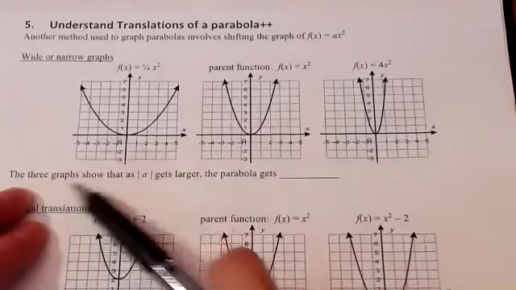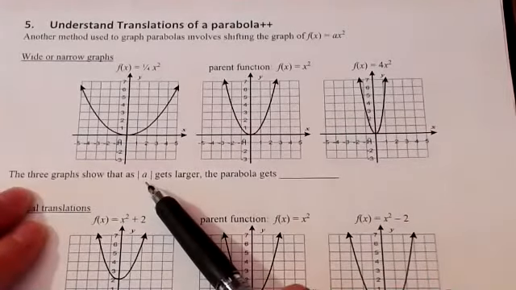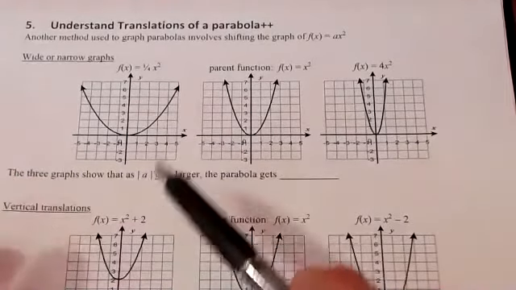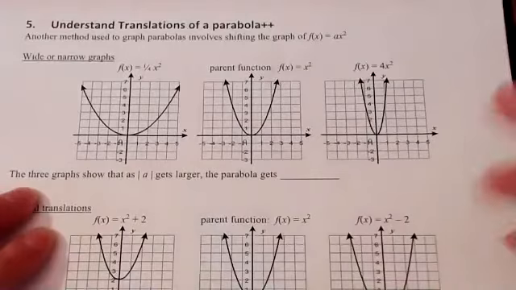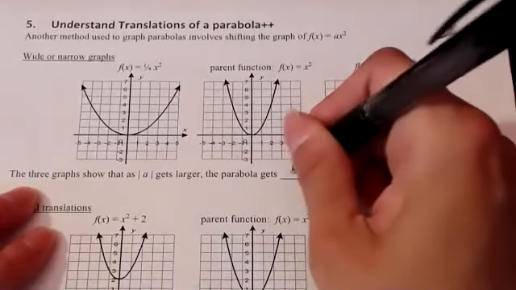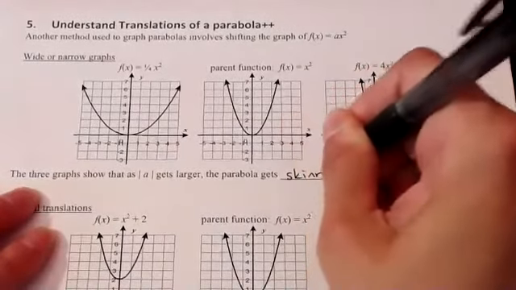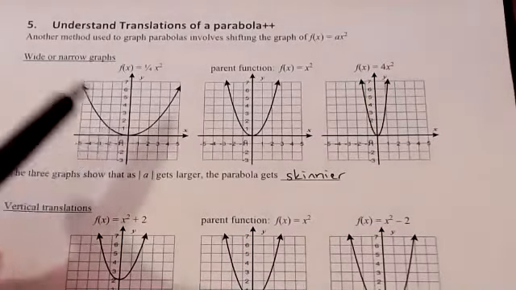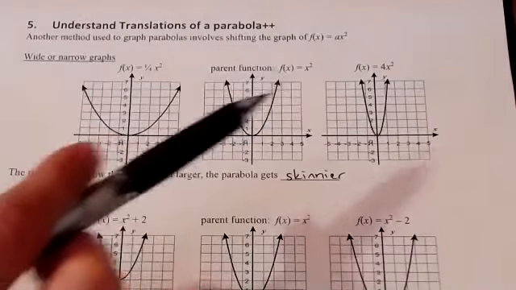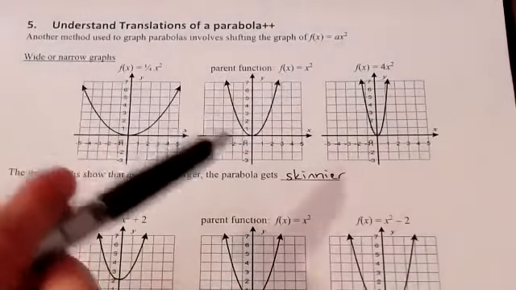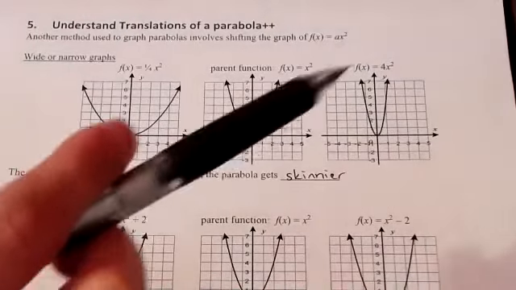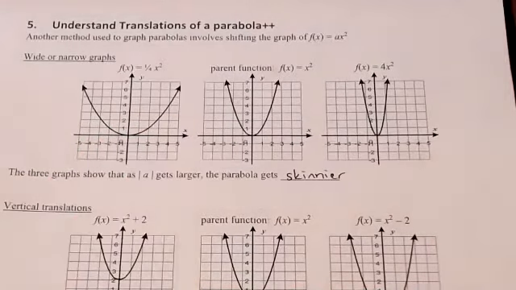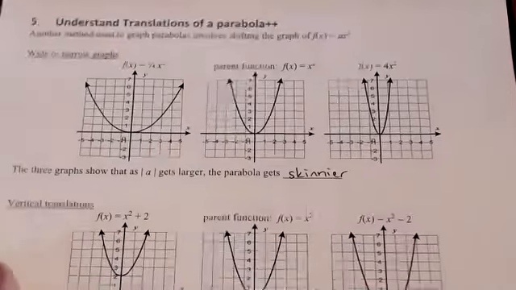What this implies is that as your leading coefficient, the absolute value of a, gets larger, the parabola actually gets skinnier. So we went from a fourth, which is smaller than 1, so it's pretty wide, to a coefficient of 1, which is the original x squared. And when your coefficient gets larger than 1, it becomes more and more narrow, skinnier.